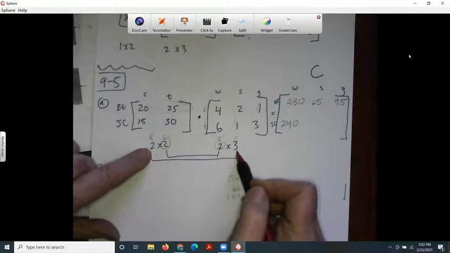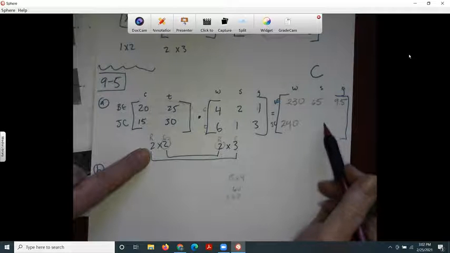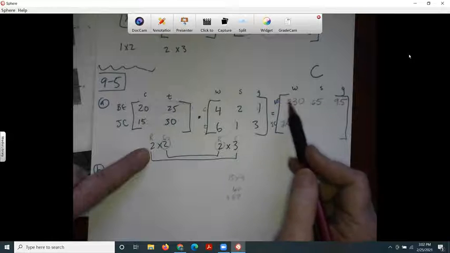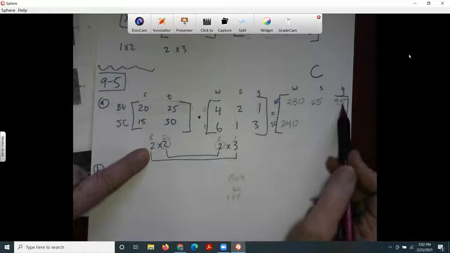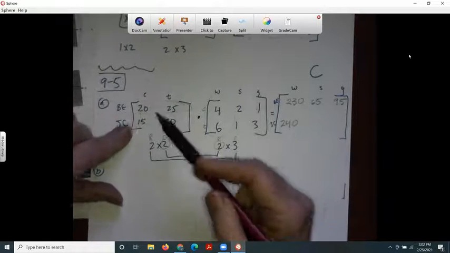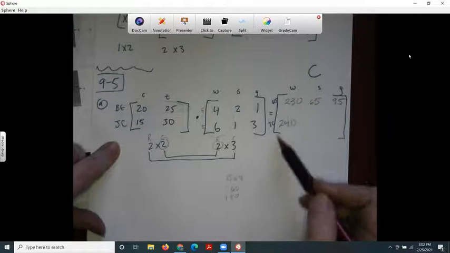So my product matrix is going to have 2 rows and 3 columns. The rows are going to be for Bullseye and J.C. Nichols, and the columns are going to be for the wheels, seats, and gas tanks.